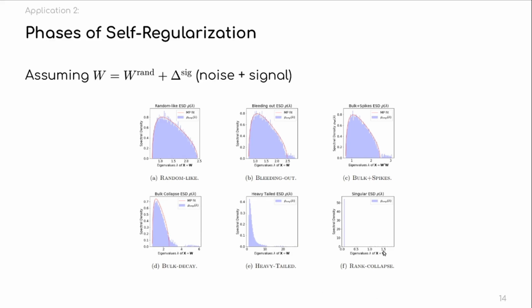They also have a final phase, but it's more predicted by the theory, and it's a degenerate case. They call that the rank collapse, because most eigenvalues are zero, and that would indicate that you've regularized way too much, and so you have completely destroyed your model.